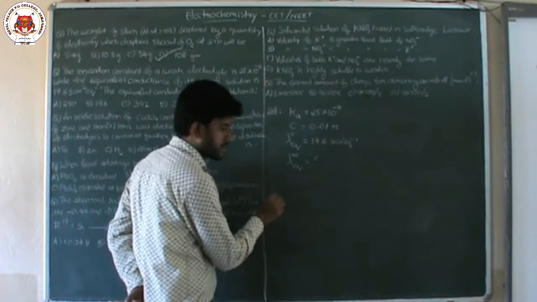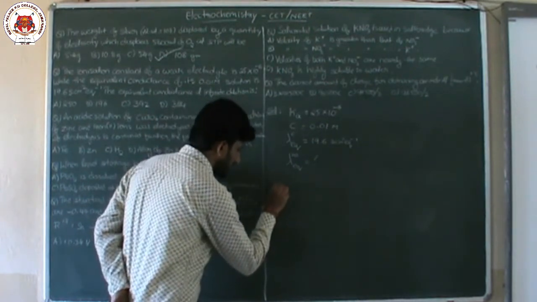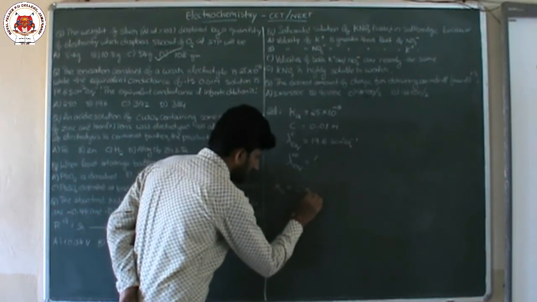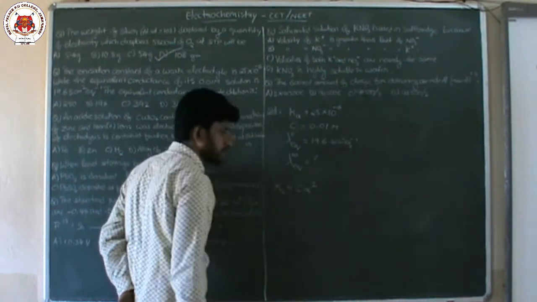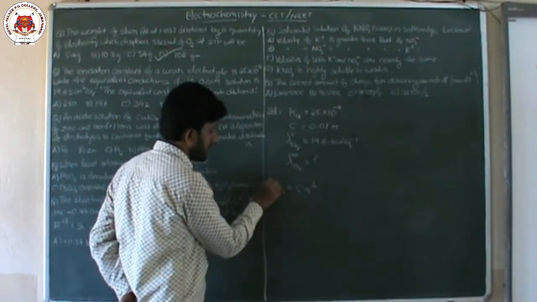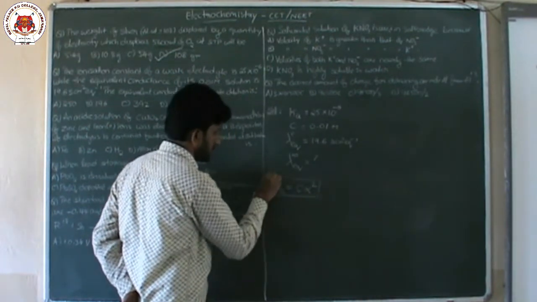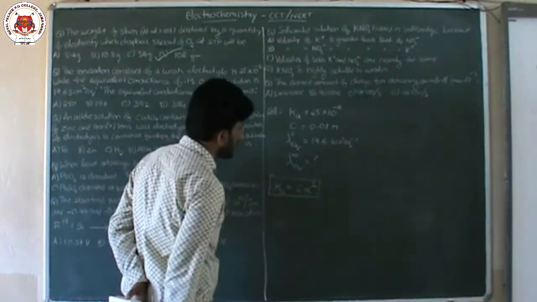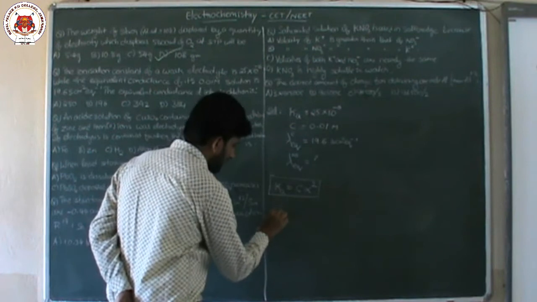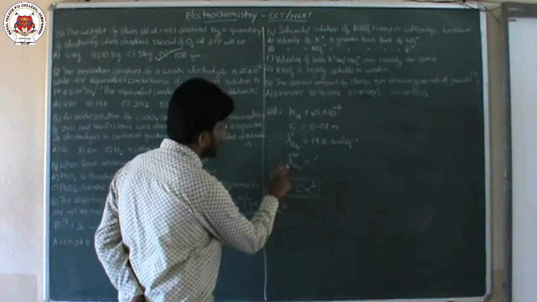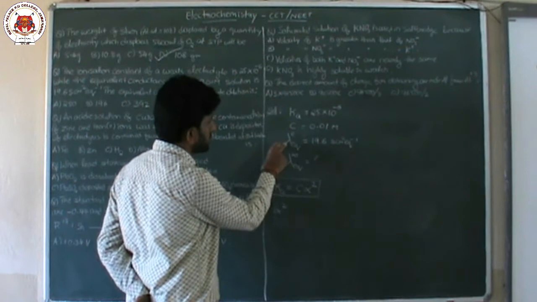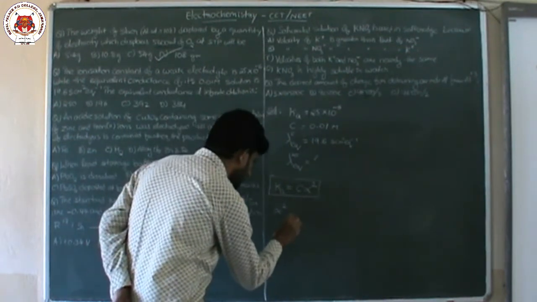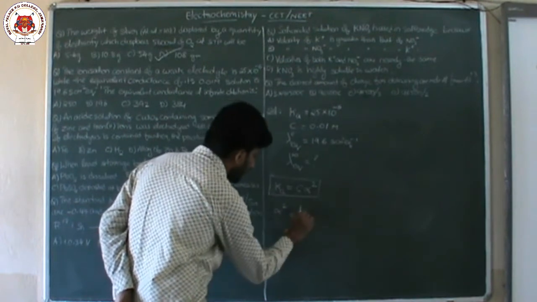For weak electrolytes, the dissociation constant, or ionization constant, Ka is given by the formula C alpha square. From this, if I can calculate alpha, then I can get lambda infinity with respect to lambda C. So alpha square is equal to Ka by C.